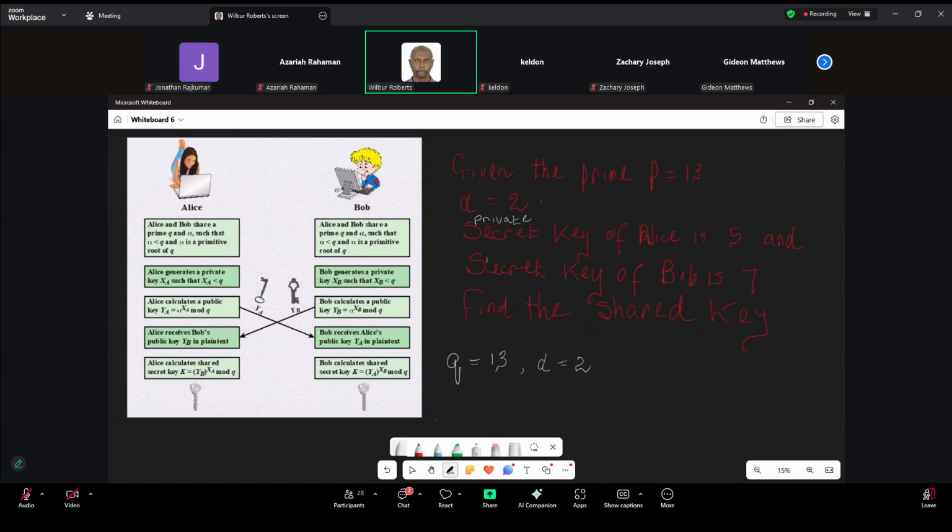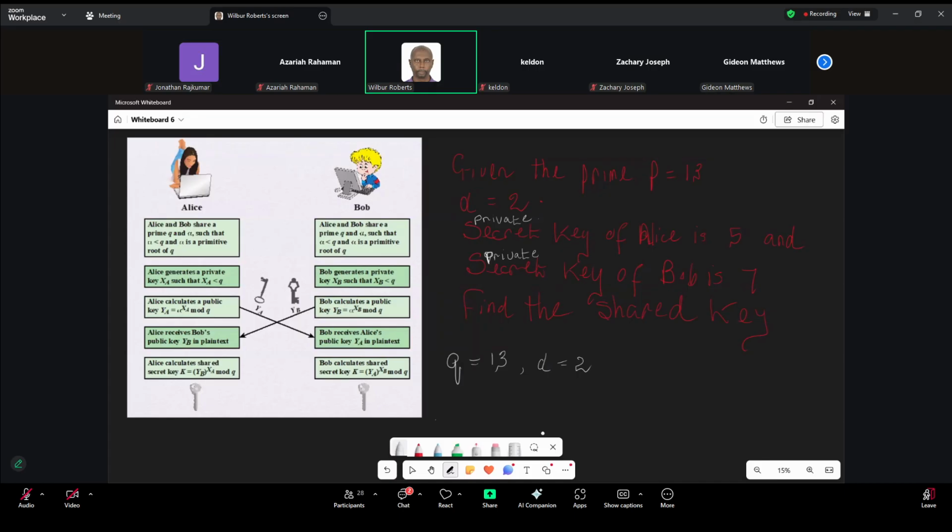The word secret here is the same as private. Good? So you all see where I'm going with this? You could find the terms and work it out.